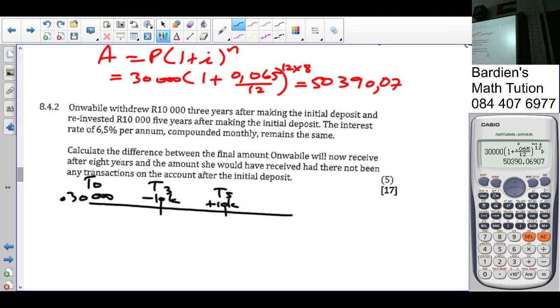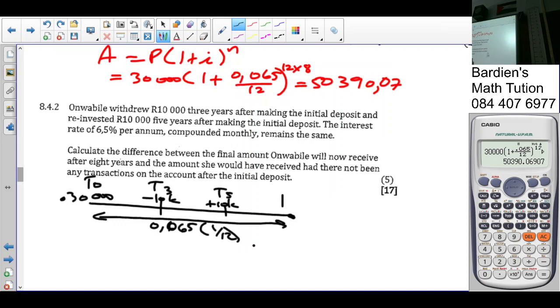So the interest rate remains 0,065 compounded monthly. Okay? Calculate the difference between the final amount Onwabili will now receive after 8 years and the amount she would have received had there not been any transactions after the initial deposit.